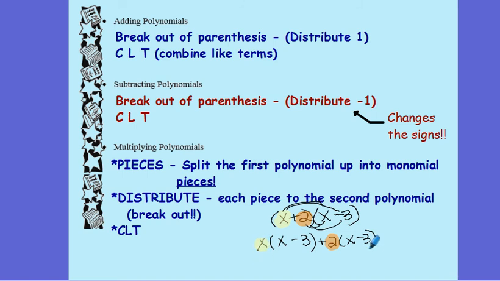After distributing, everything will be broken out so we can combine like terms. So here I would have x squared minus 3x plus 2x minus 3. Like terms have the same base and the same exponent. Our final answer would be x squared minus 1x minus 3.